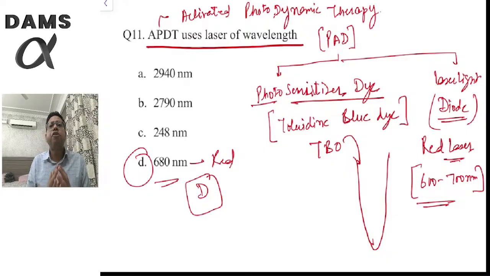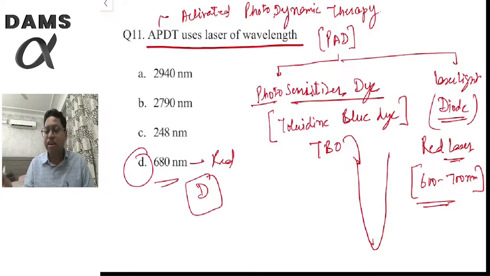It is like a paintball game. Okay, you must have played paintball game. We see the target, we hit it with a paintball, and the target is marked. Similar thing is happening. We are injecting a dye to mark the targets that are killed by the laser light.